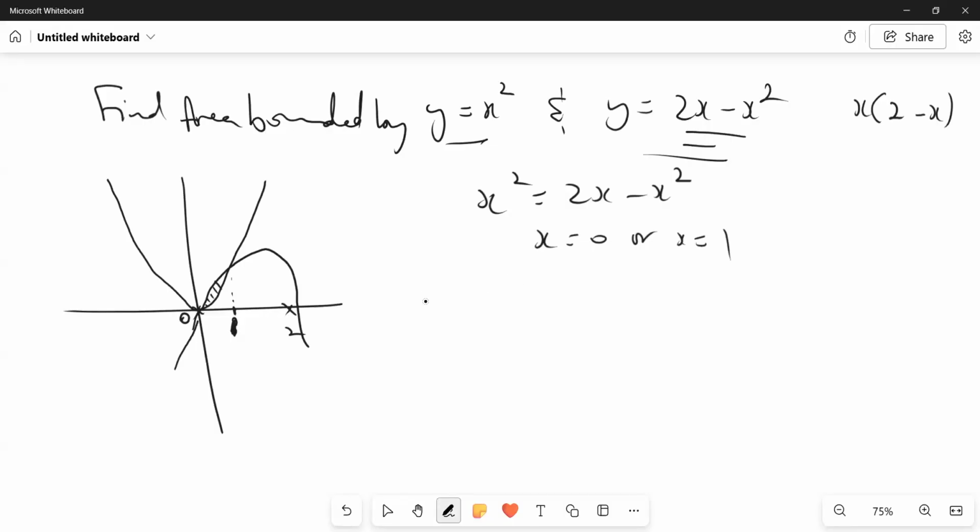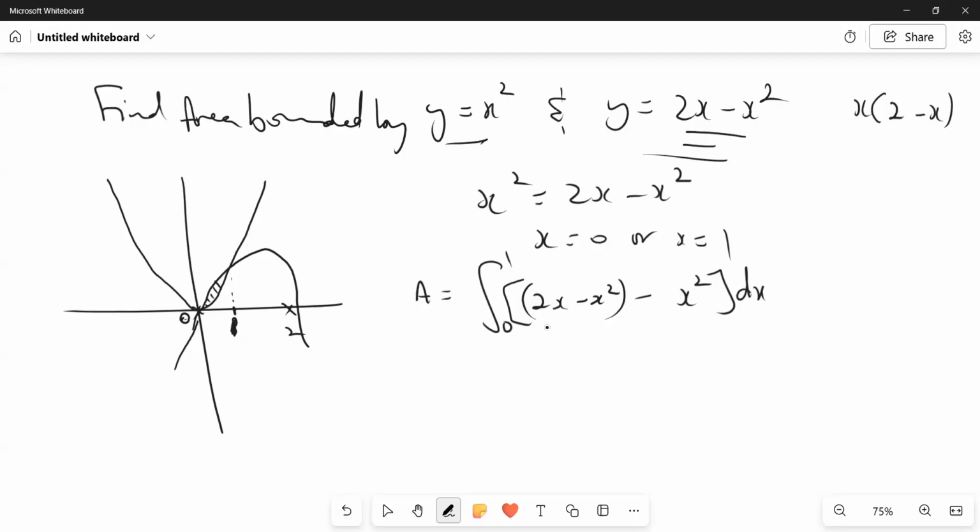So the area is equal to the integral from 0 to 1 of, oh, sorry, the greater curve is not the x squared, it's this one, 2x minus x squared. Yeah, 2x minus x squared minus x squared, dx.